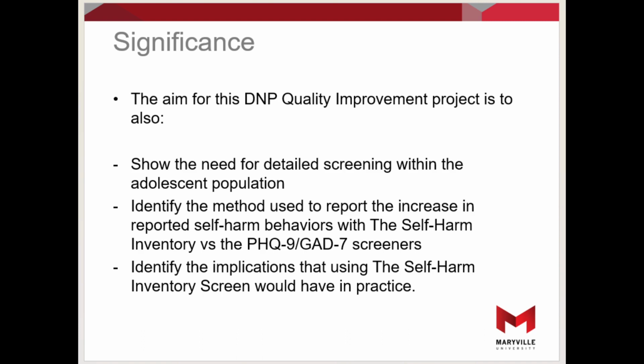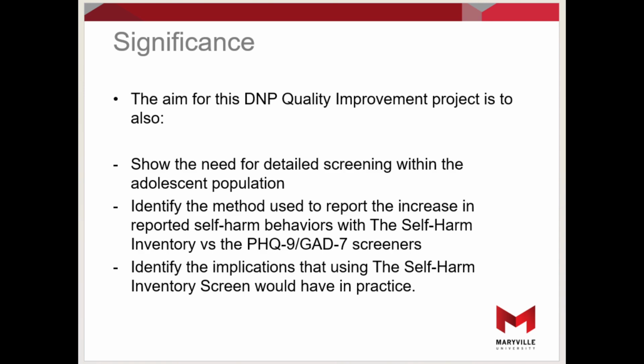For this quality improvement project, the Z-test proved that the self-harm inventory screening tool produces more information pertaining to self-harm or self-injurious behavior than its counterpart, the PHQ-9 or the GAD-7. I clumped those two together because the patient used either the PHQ-9 or the GAD-7 against the self-harm inventory screener.